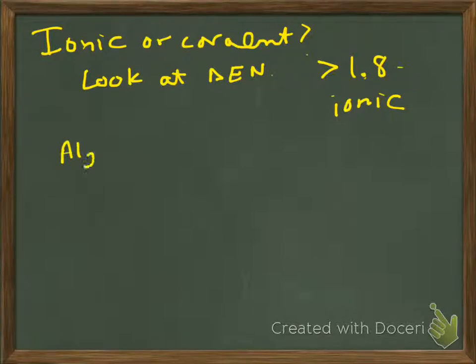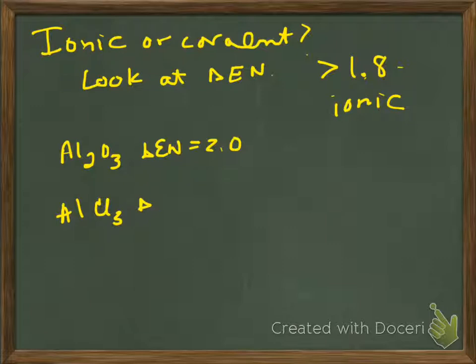If we look at aluminum oxide, the change in electronegativity is about 2.0. If we look at aluminum chloride, it is about 1.5. Aluminum oxide would then be said to be ionic, where aluminum chloride is said to be covalent.